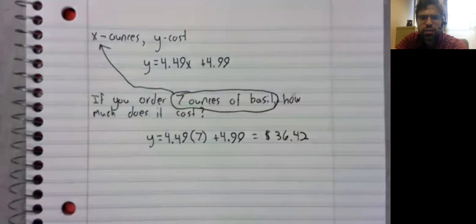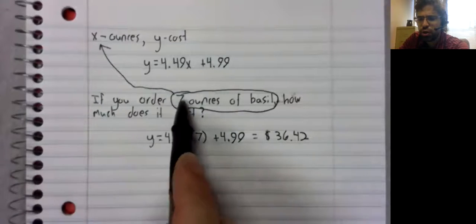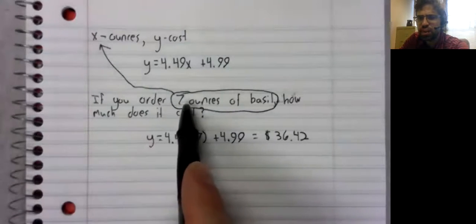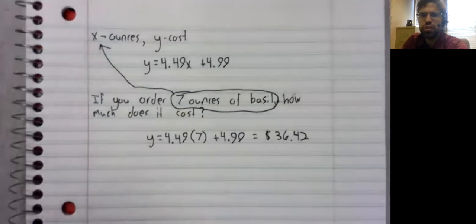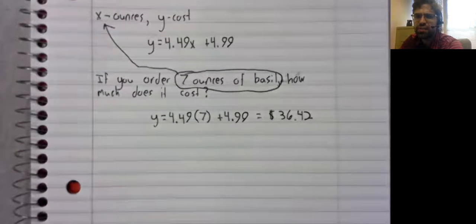And it's a very common mistake for students to see a problem like this and put the 7 in the wrong place.